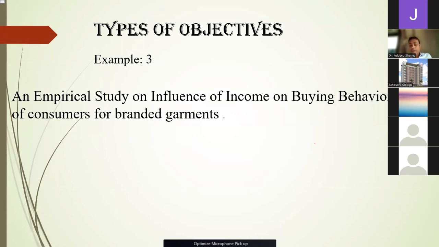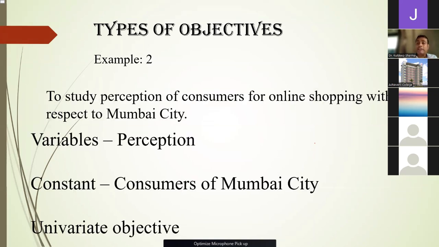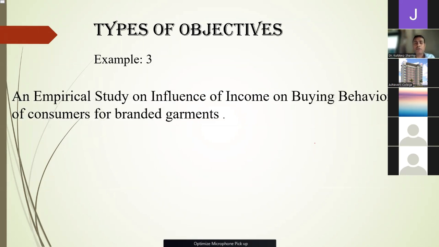Sorry, this second example is also an example of univariate because we have identified only one variable. Coming to example number 3: an empirical study on influence of income on buying behavior of consumer for branded garment. The constant variable is branded garments. Absolutely.